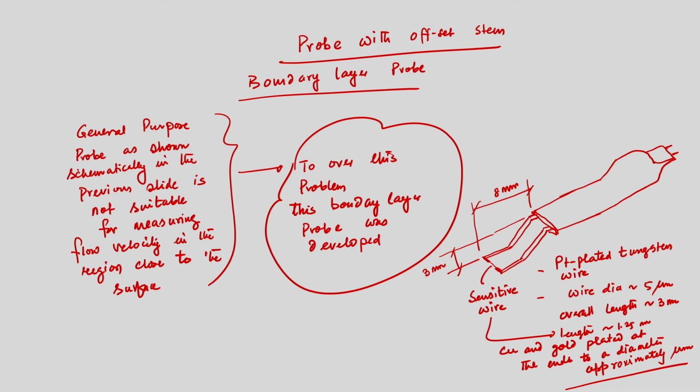surface. Now, we have discussed that whether it is a general purpose probe or a boundary layer type probe, these two are basically hot wire probes, and these probes are used to measure heat transfer, essentially to predict the flow velocity.